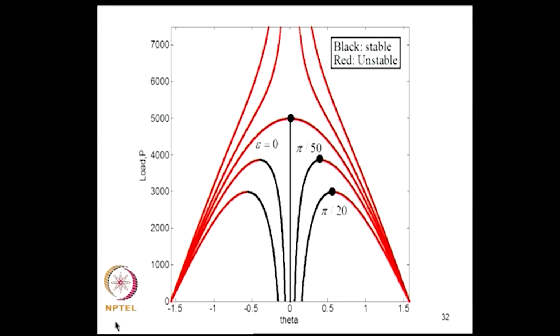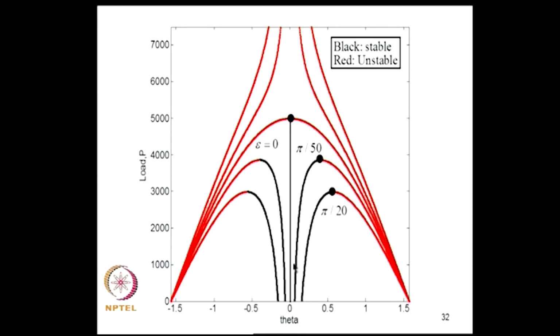For the perfect system, theta equal to 0 is the stable equilibrium path, it rises like this, and then it bifurcates into two unstable paths. This is the unstable path. Okay. Now in presence of imperfection, how does the system behave?